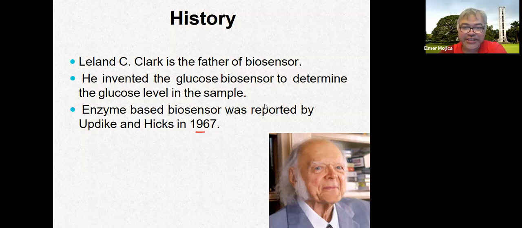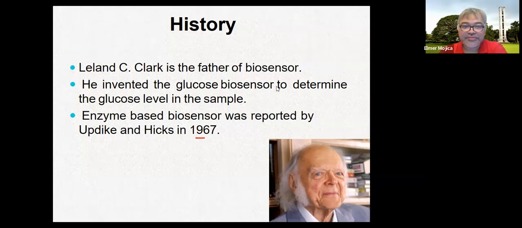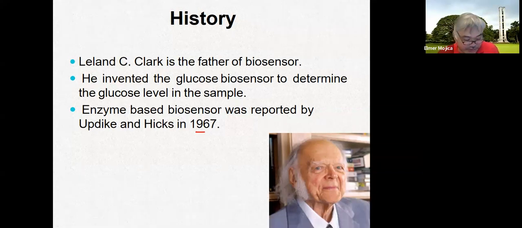But before that, it was not really for glucose. If you look at the story of Leland Clark, unfortunately, I was not able to meet him. But his contribution to biosensors cannot be ignored. He's known as the father of the biosensor.